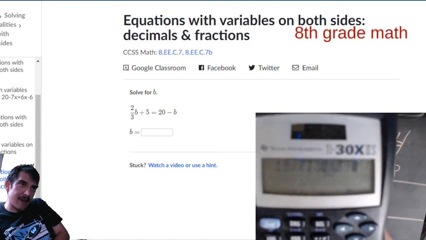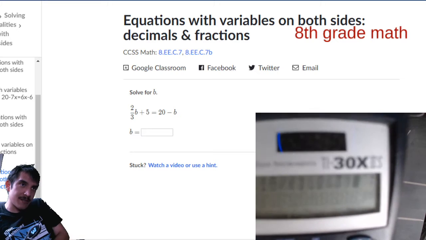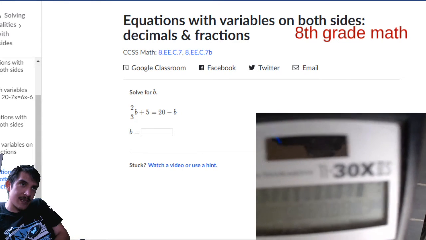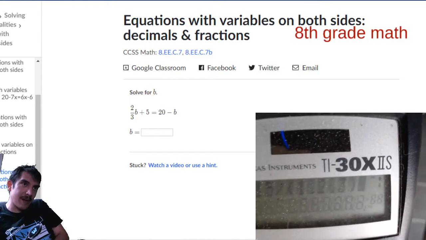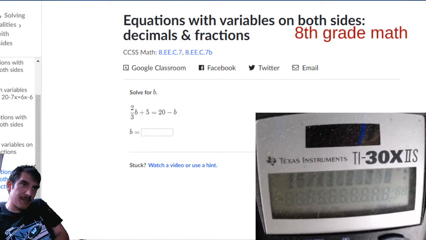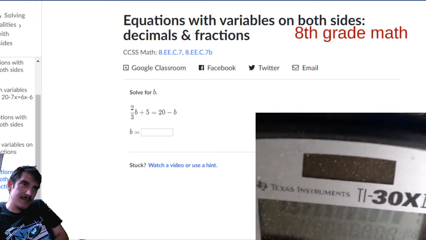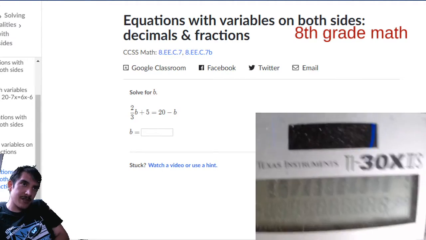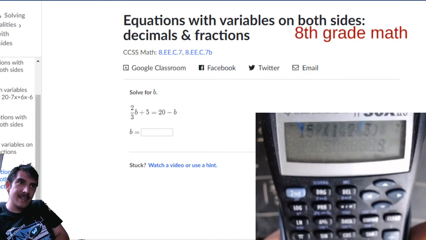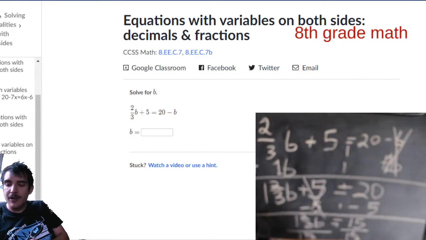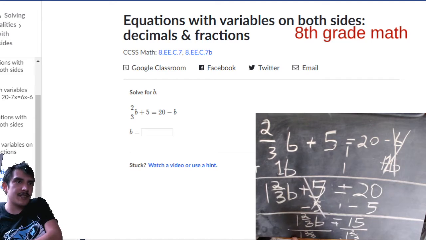So that says 1 2/3, even though it's not the best. You could also use your calculator, as long as you use parentheses, you should be fine. 15 divided by 1 2/3. What does that say? 9? Yeah, it says 9.